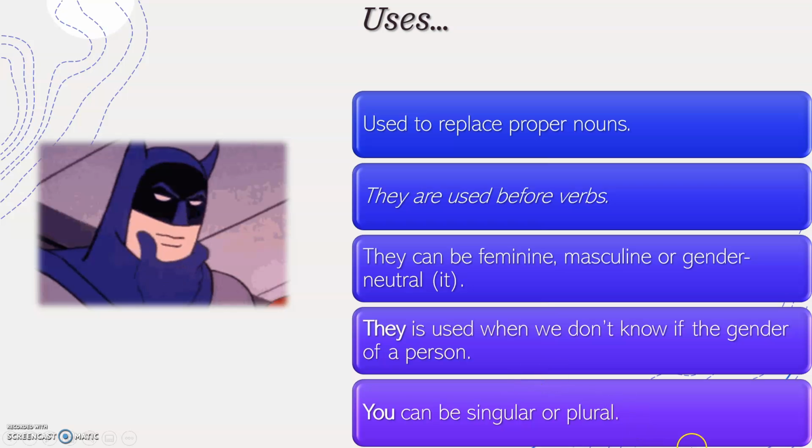And as you saw before, you can be singular or plural. Very good, I hope you understand it very well, and in case you have any question, please let me know.